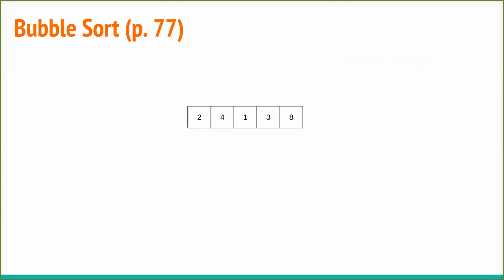If we had 6 items, we would do 5 comparisons. What if we had 7 items in our array? How many comparisons would we do? 6, exactly. What if I had 100 items in my array? How many comparisons would I do? Okay, 99. So you guys are seeing the relationship between the length of the array and the number of comparisons I have to do.